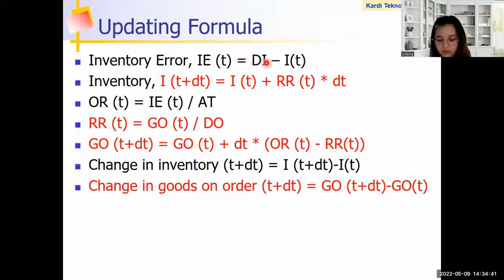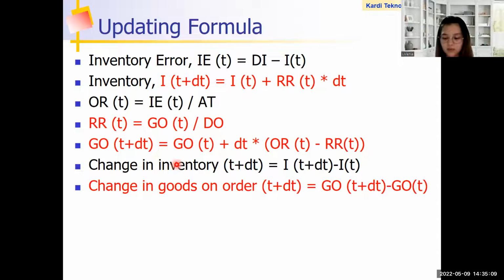So you can calculate the desired inventory minus the inventory, the inventory error. And what is this here? This is the level equation, you see, this is accumulation. The same thing with GO here. GO is the level equation because this is accumulation. And these are the two rate equations that you put in.